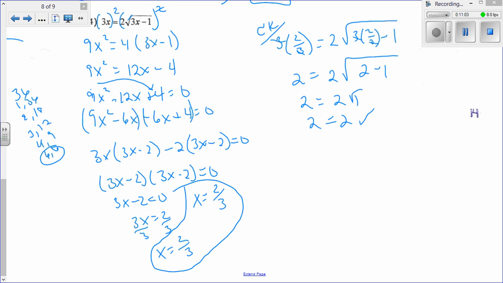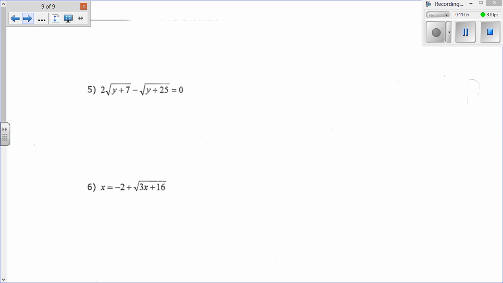All right, moving on. For number 5, in this case, the radicals are not alone. I need to get one radical on each side of the equal sign. I can never have 2 radicals on the same side of the equal sign and start solving.